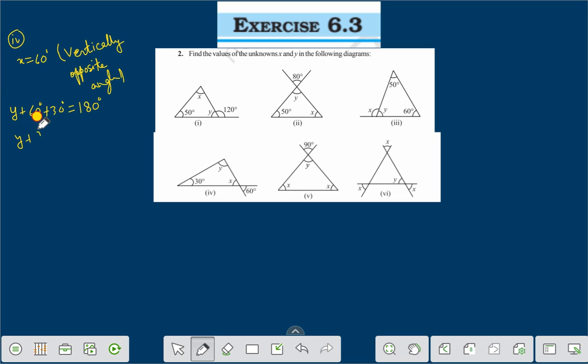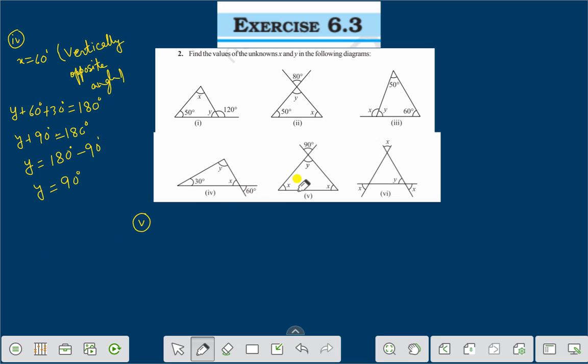Therefore, y plus 60 plus 30, which is 90 degrees, is equal to 180 degrees. Or you can write y is equal to 180 degrees minus 90 degrees. Therefore, y is equal to 90 degrees. This is question number 4.